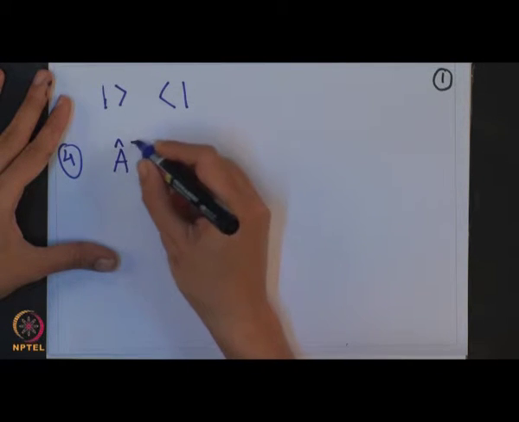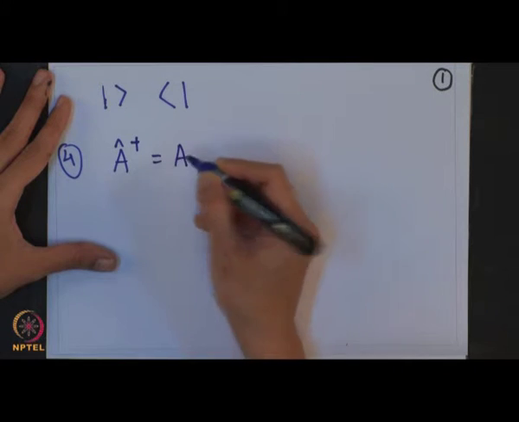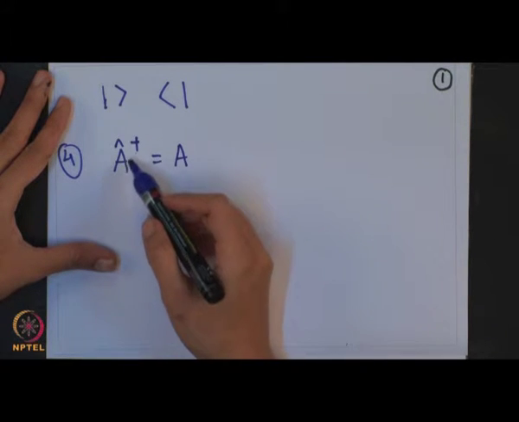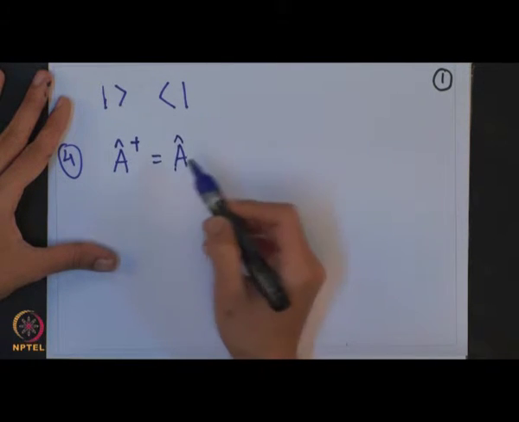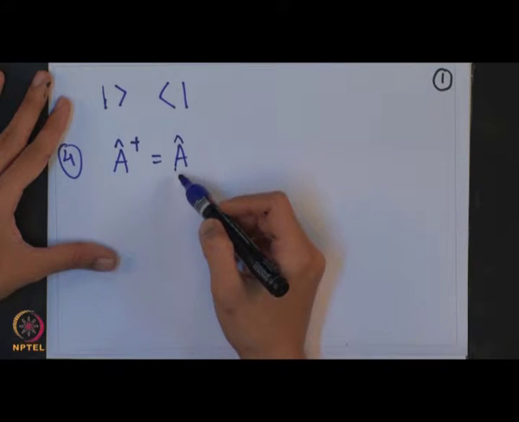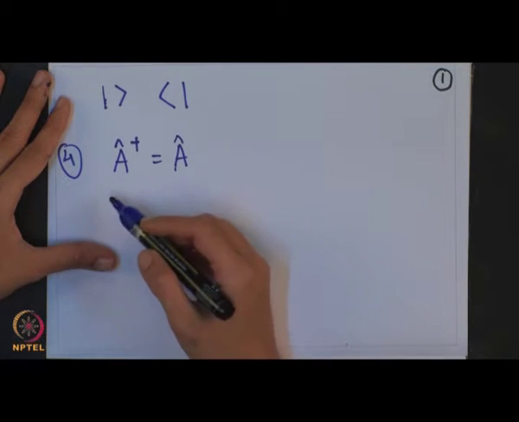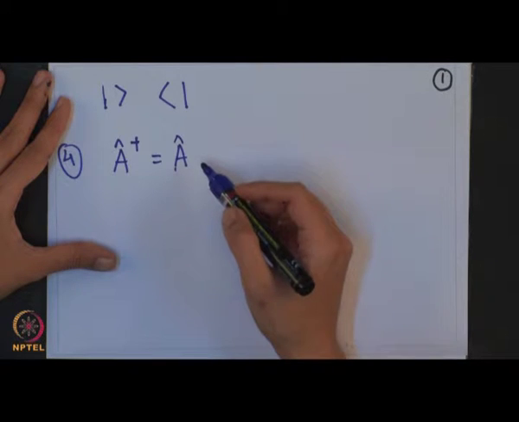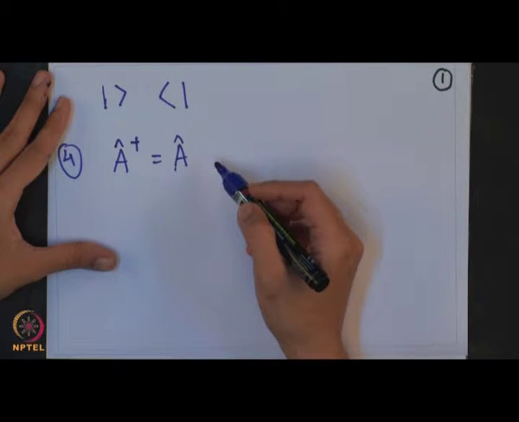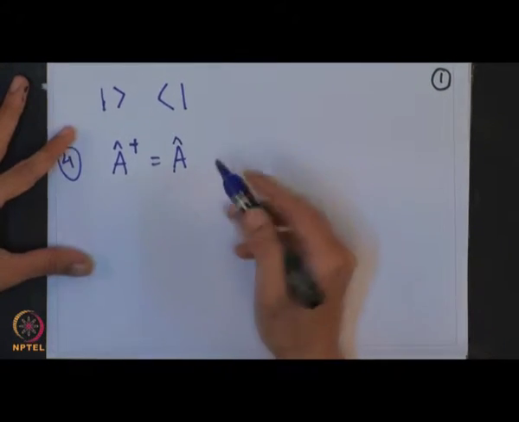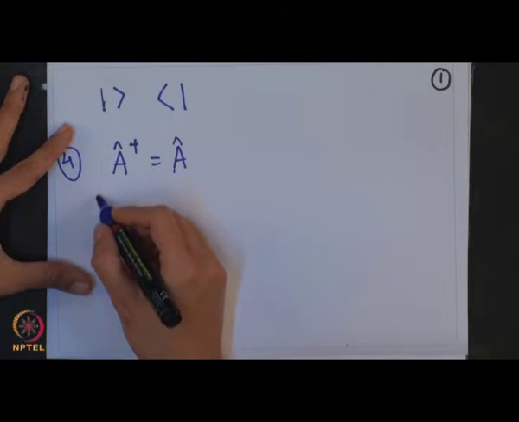A Hermitian operator is an operator where, when you take the dagger, A dagger is A. So, you have to prove in this that the expectation value of A square is greater than or equal to 0. So, how will I write this?